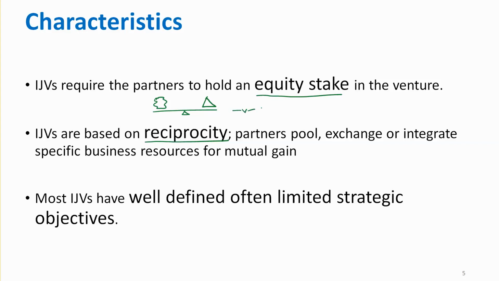Now, compare that with negative reciprocity, where rather than having balance, we end up with a situation where one party puts in very little but gains from the other. So this is negative reciprocity, and one can see what that might mean for the relationship.